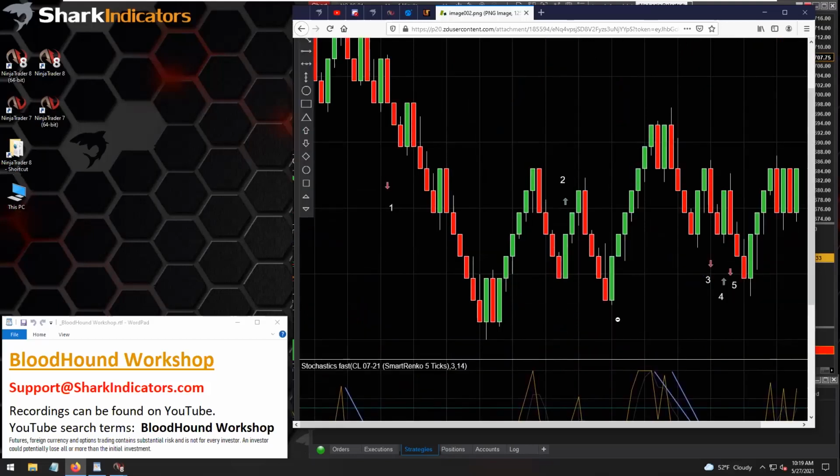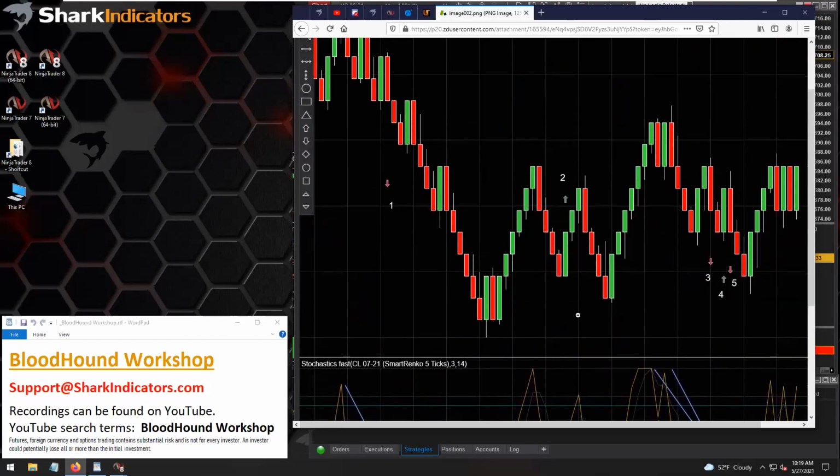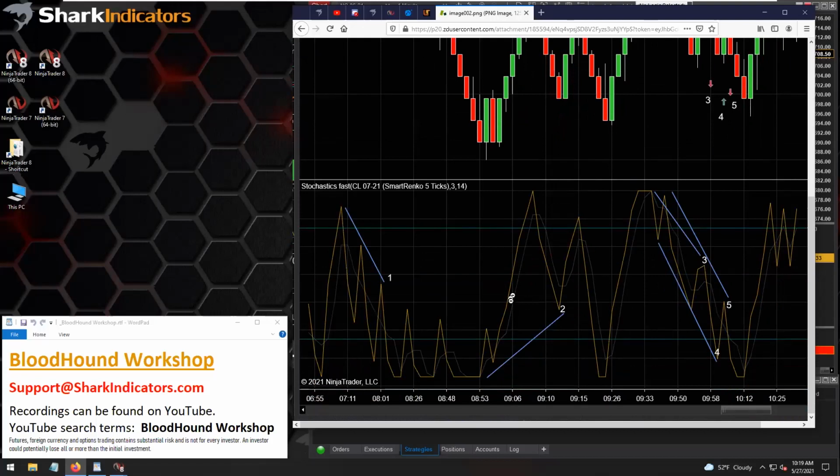All right, while I'm waiting on that answer, let me explain what Dan is looking to do, as these blue lines illustrate. On the fast stochastics, he's looking for 3 higher low points on the stochastics indicator.